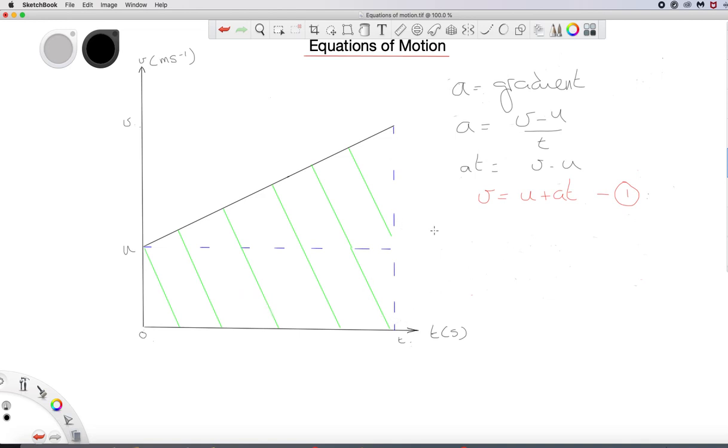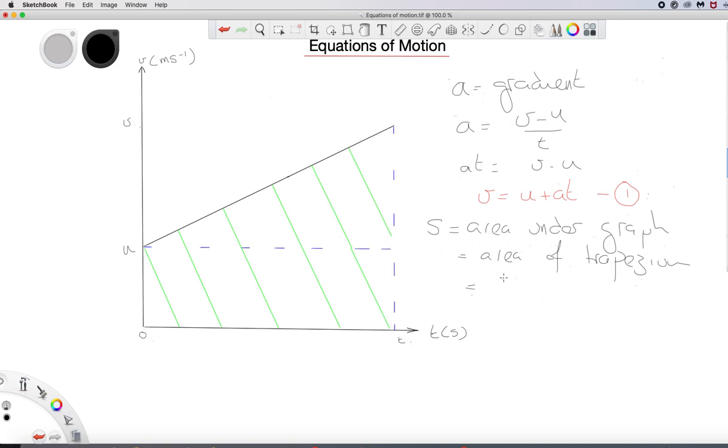So we say the displacement is the area under the graph, which is the area of the trapezium, which is half the sum of the parallel sides. That's those two sides, half the sum of those.